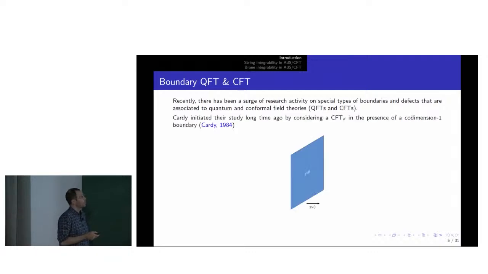This field probably owes its beginnings to Cardy, who in 1984, motivated of course by the physics of statistical systems near boundaries, studied the codimension one boundaries within a conformal field theory in D dimensions.